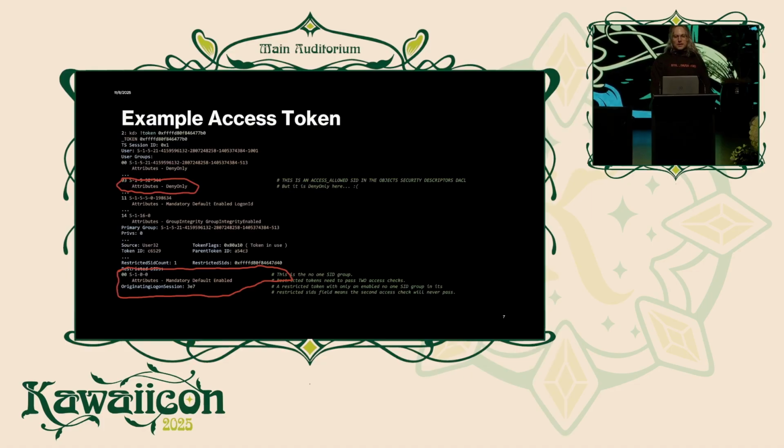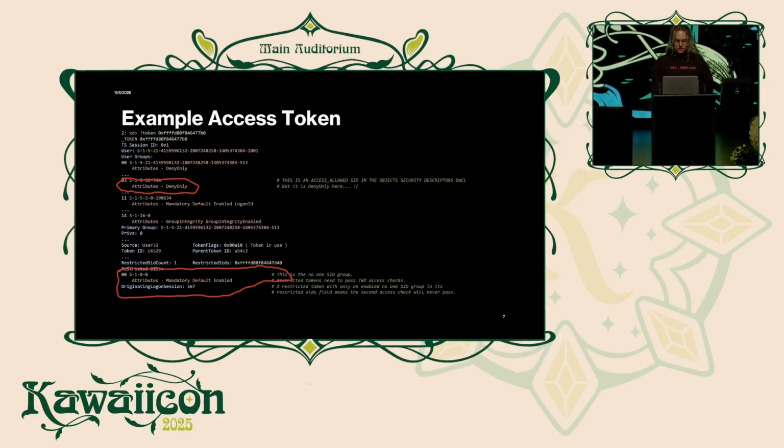So, excuse the wall of WinDbg output, but here I'm going to go over some details. The first squiggly line up the top, you can see it's S-1-5-32-544, that's a SID. And it's in the user and groups array, and it has an attribute value, which is deny only.